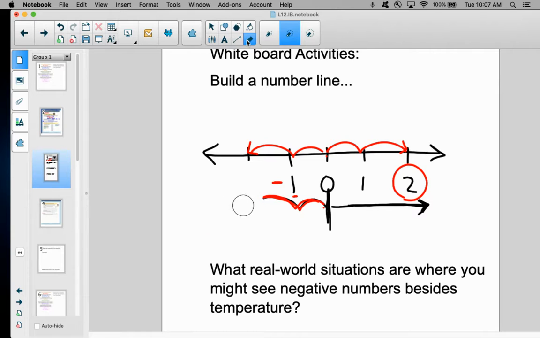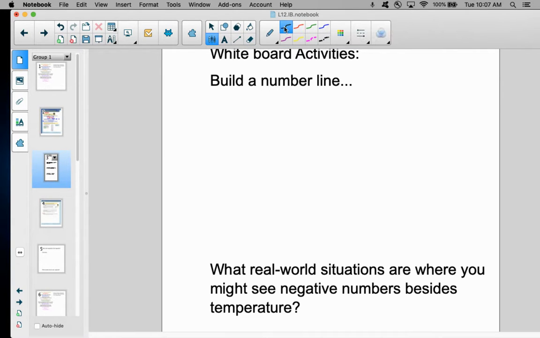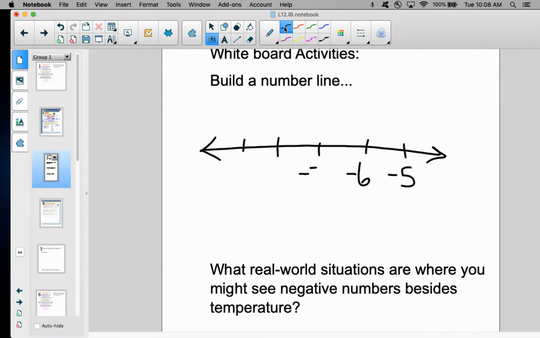Sometimes it might be good, though, to make a number line where the 0 isn't even there. So sometimes, and I'm actually going to start over, sometimes we want to have a number line that just has a piece that's negative. So if that's the case, our tick marks are still there, but we might pick up at -5. And then the next number would be -6, -7, -8, and -9.